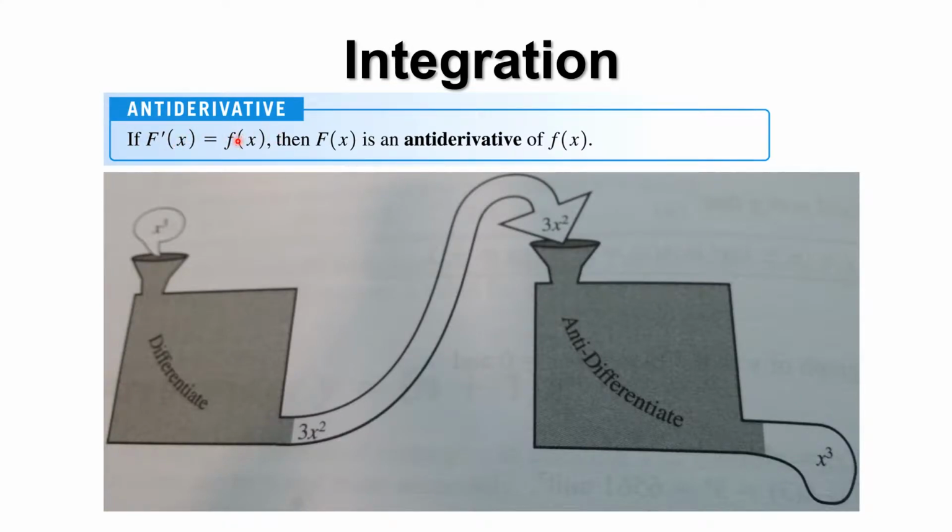Antiderivative. The antiderivative concept simply means, for example, if you have the function x cubed and you differentiate x cubed, you will get 3x squared. And when this 3x squared function, which is actually dy/dx, is integrated, which simply means anti-differentiated, it will produce x cubed.